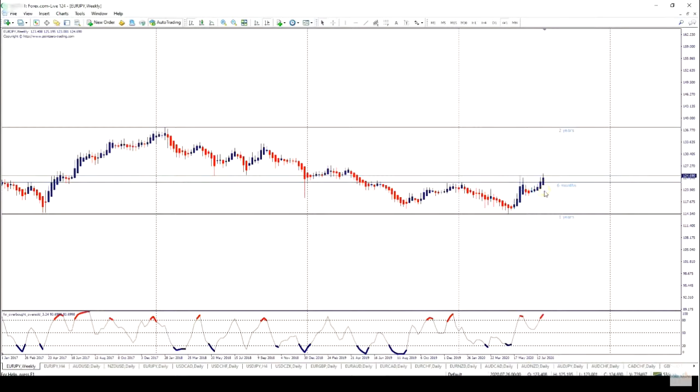Well, if you're a swing trader, which means you can hold a position for a few days up until a few weeks, you could always make sure that you're taking trades in line with the dominant trend.